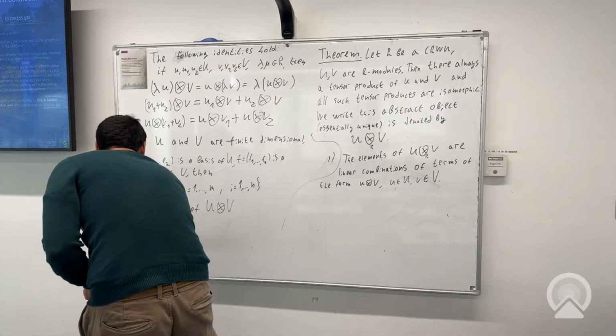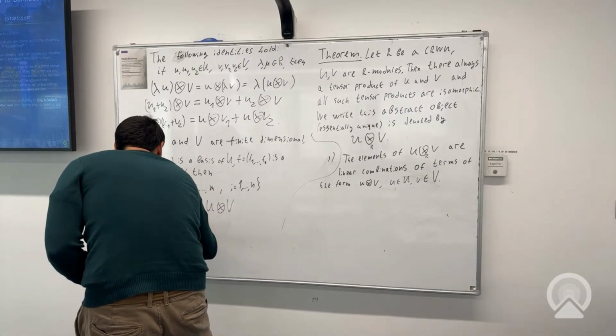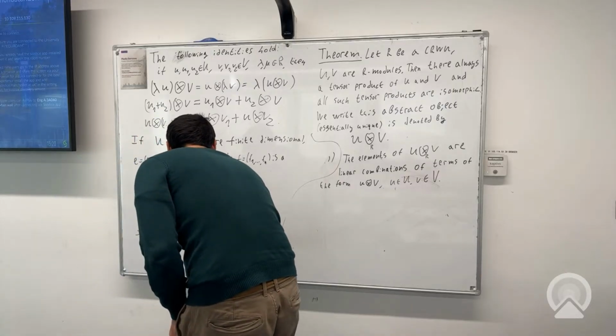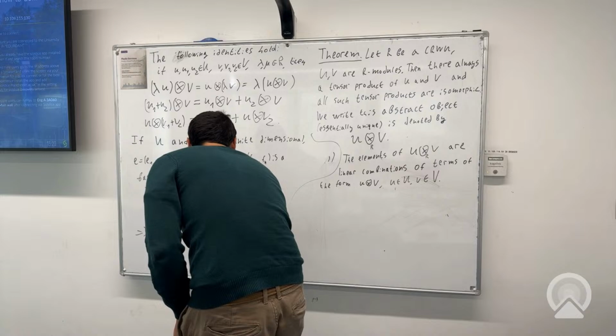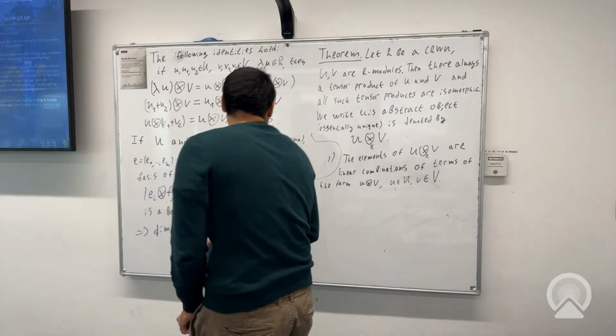Therefore, the dimension of U tensor product V is the dimension of U times the dimension of V. Okay.